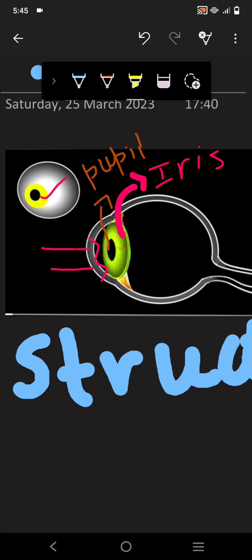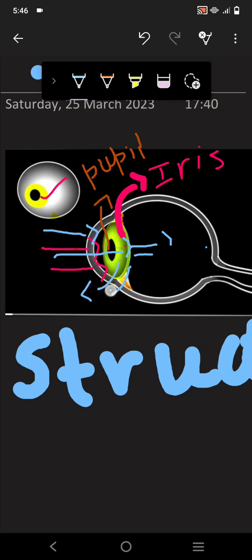The light rays that are coming to the pupil will go directly inside our eye and form the image. But when the light rays come toward the iris, they will reflect back.